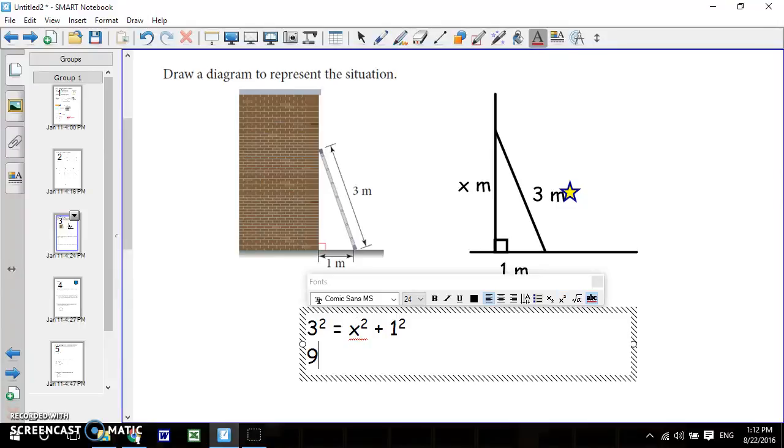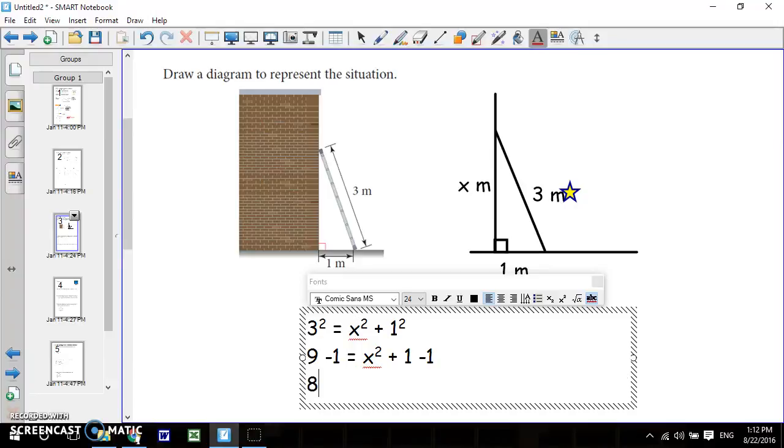And so we'll have 9 equals x squared plus 1. To solve for x squared, we need to subtract 1 from both sides of the equation. So I have 8 equals x squared.